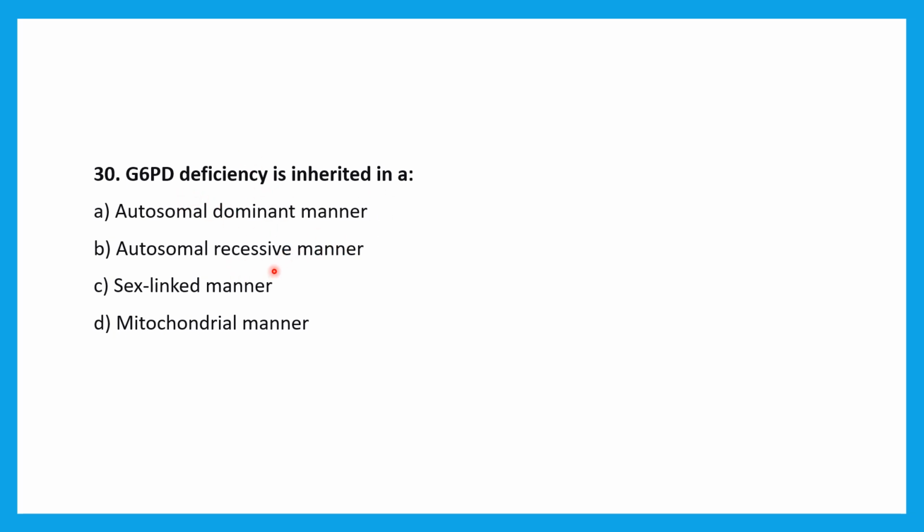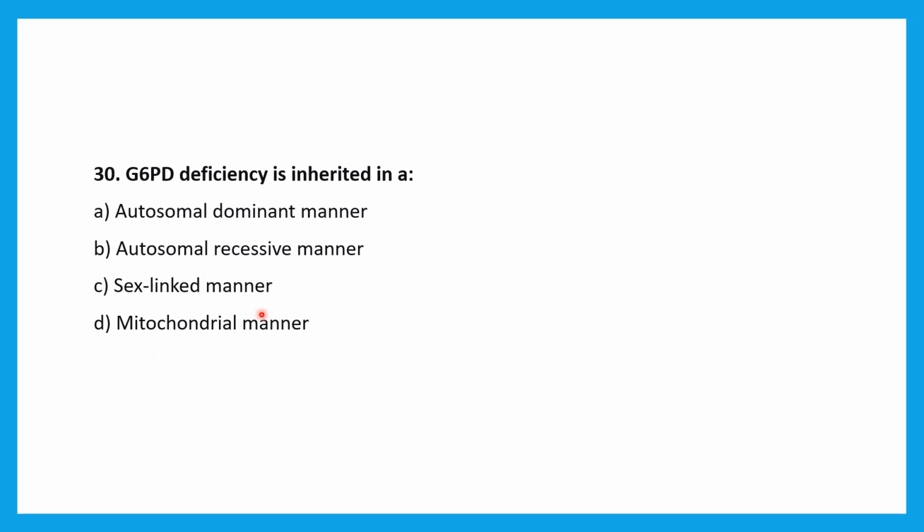On the X chromosome, that we must know. I think we discussed this last time. And since it's on the X chromosome, therefore it is inherited in an X-linked recessive pattern, right? So which one do you think is the answer here?